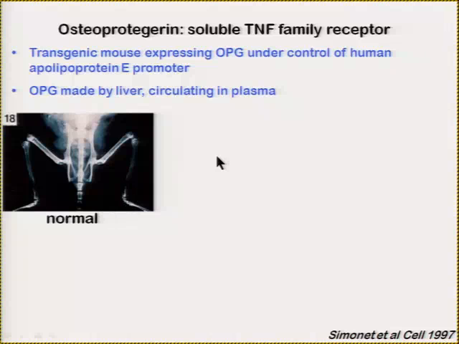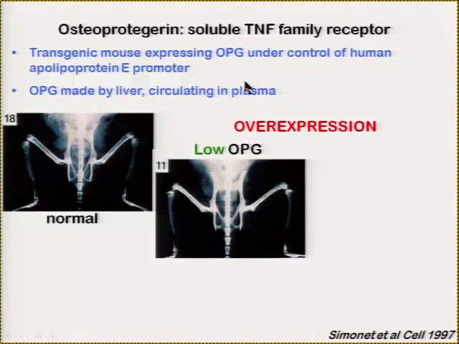So here's a normal mouse skeleton. They took osteoprotegerin, said, we don't know what this thing does, and hooked it up to an apolipoprotein E promoter, so the liver made huge amounts of this protein. In the overexpressing mouse, selected because it expresses OPG, but not a lot of OPG, they were surprised to see that the bone looks like there's more bone there.